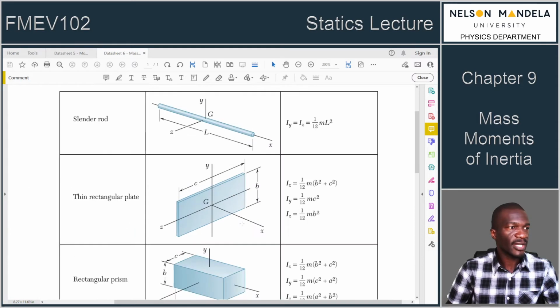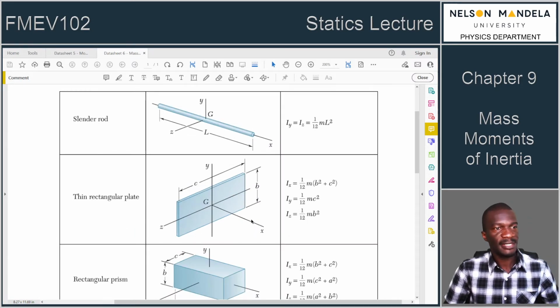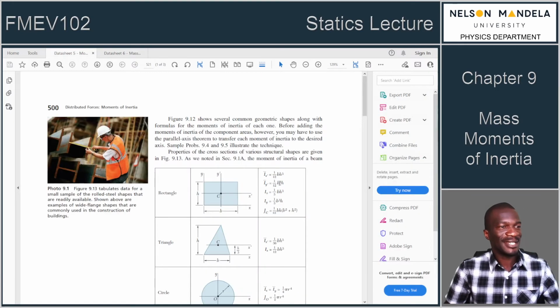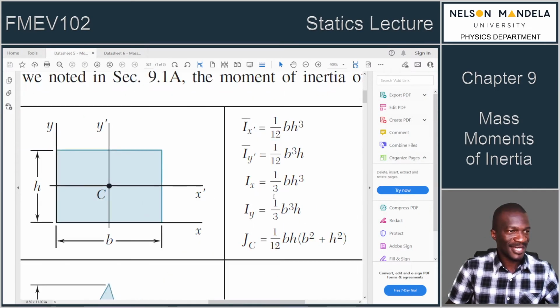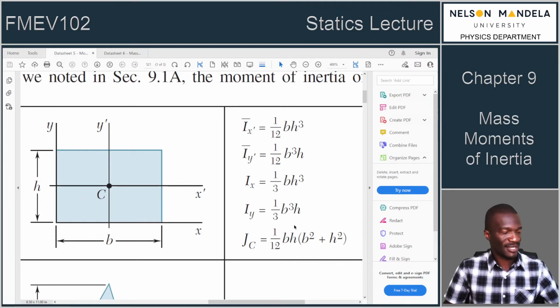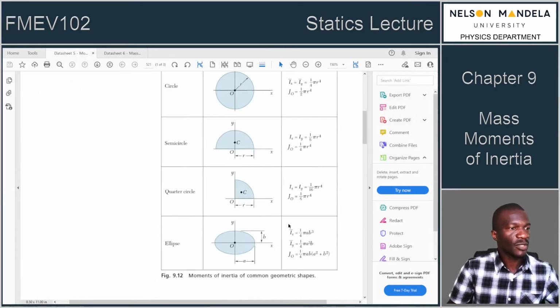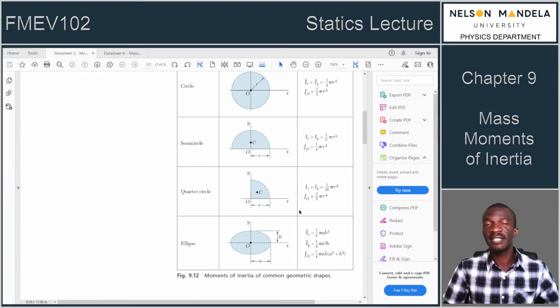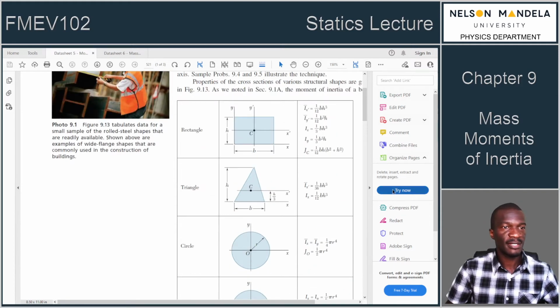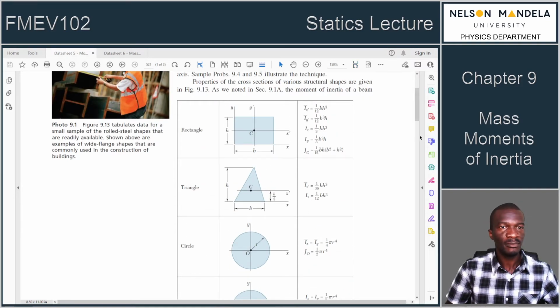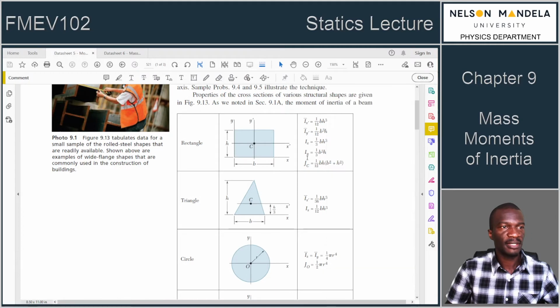So let's just look at the rectangular thin plate. Okay, sorry, these are mass moments already. I actually need to use the area moments, so we are using figure 9.12. Let me see if I can also comment.